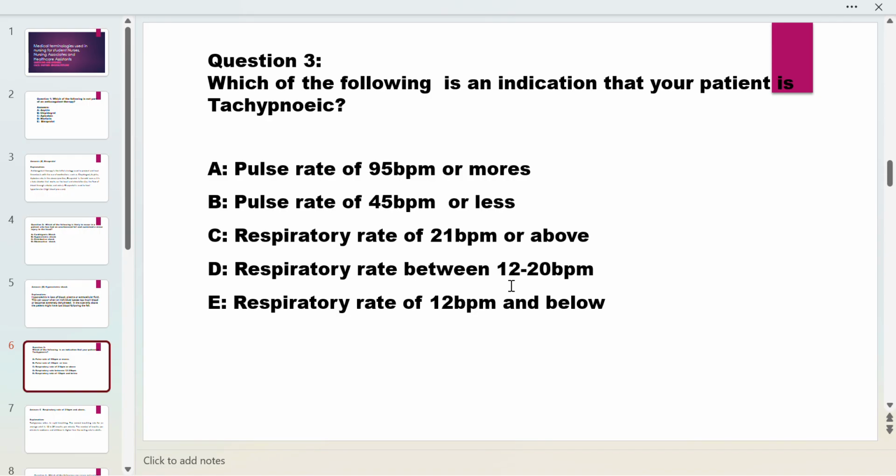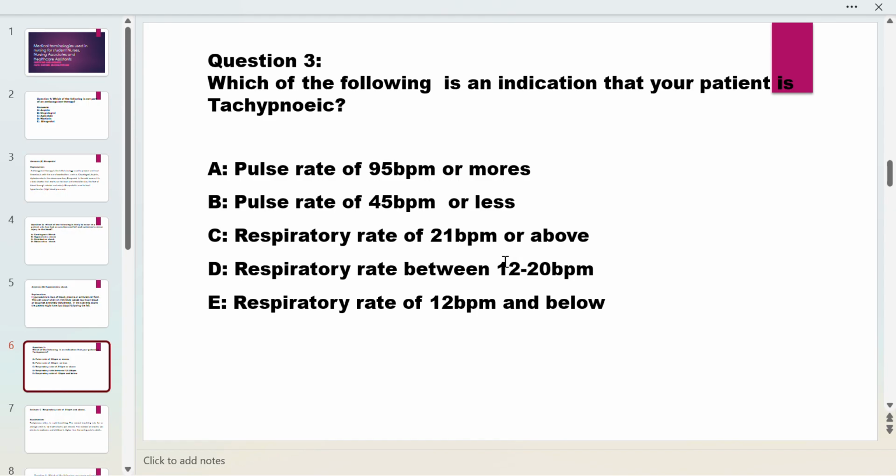So it is normal for this patient. 12 to 20 breaths per minute is normal for this patient. E, 12 and below is low for this person. And C will be the highest because it has gone past the 20 breaths per minute and is saying even more. So obviously the answer is C.